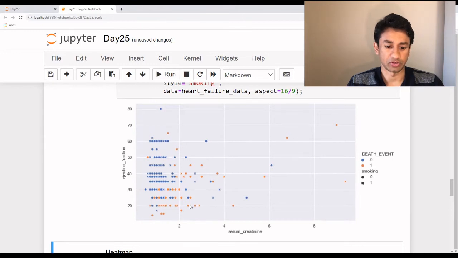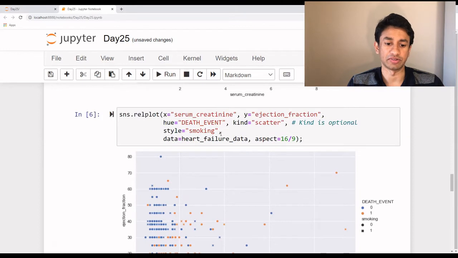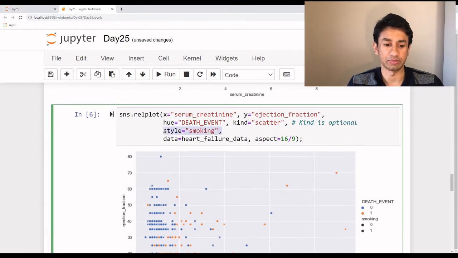We can also see some patterns here, like for a smoker, the serum creatinine most likely tends to shift to the right-hand side. Maybe not exactly, there are a lot of people, but the objective is that with just one additional parameter, we are able to bring an additional point of view to the data set.